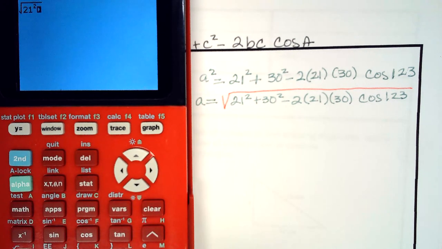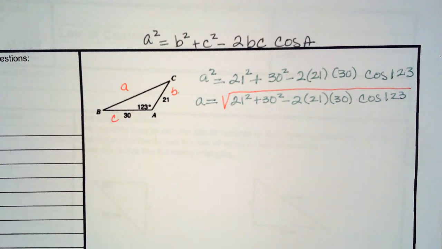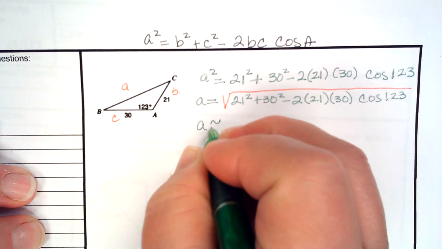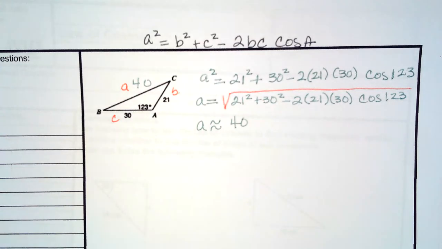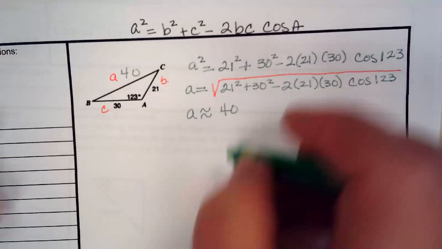The square root of (21 squared plus 30 squared minus 2 times 21 times 30 times cosine of 123) is 40.02, so that is approximately 40. Okay, now it should be 45, sorry. Approximately 45.